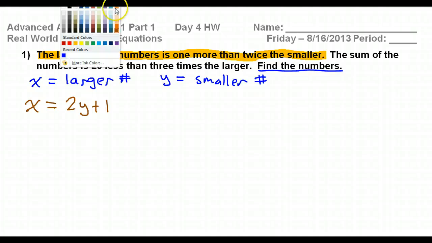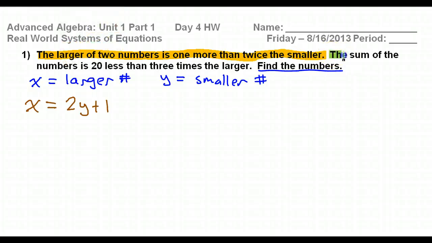Now let's do the next one. The next sentence: the sum of the numbers is 20 less than 3 times the larger number. So here's an equation from that. The sum of the numbers, that would be x plus y, equals 20 less than.